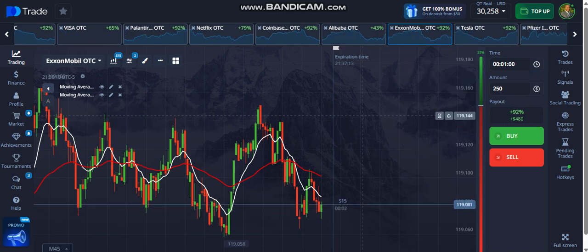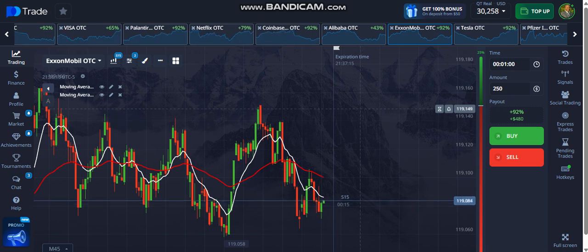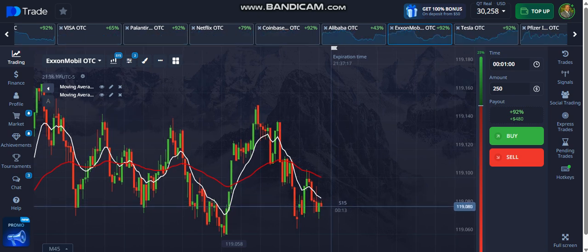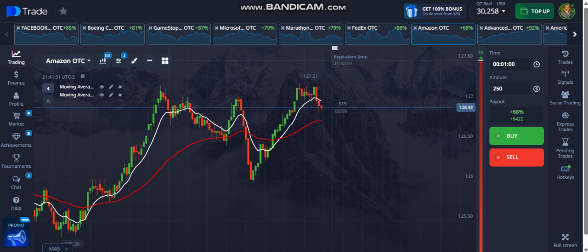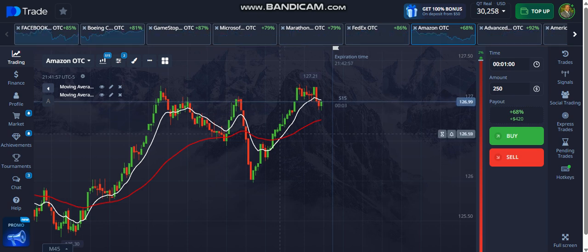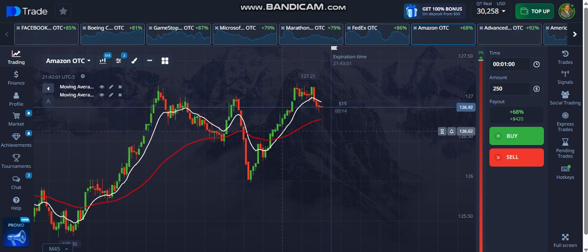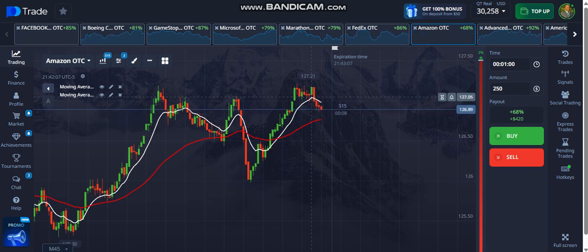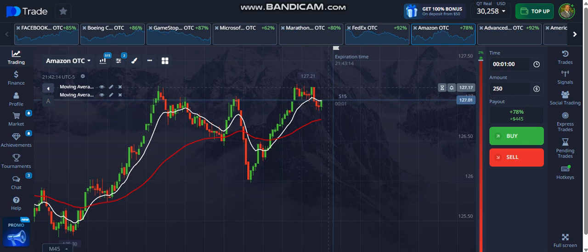Okay, so I'm going to pause the video and wait for a setup. Come back and explain the setup. Okay, quick side note here. I didn't take this trade because, as you see, the 10 EMA crossed the 50 EMA, and then when the retracement began, I didn't want to take this trade because we were coming upon a level of resistance here with the three tops right here.